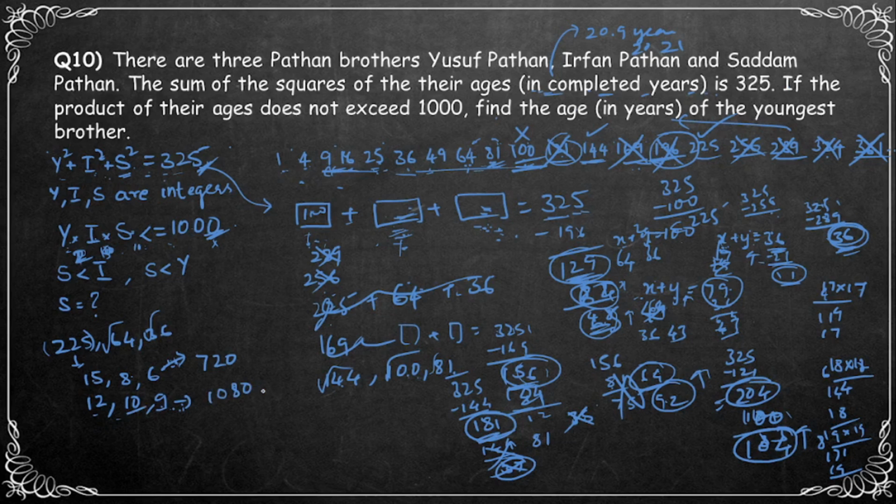This is greater than 1000, so this is not a possibility. So this is the only possibility. They are asking for the youngest brother's age, which is 6. So the answer is 6 years.